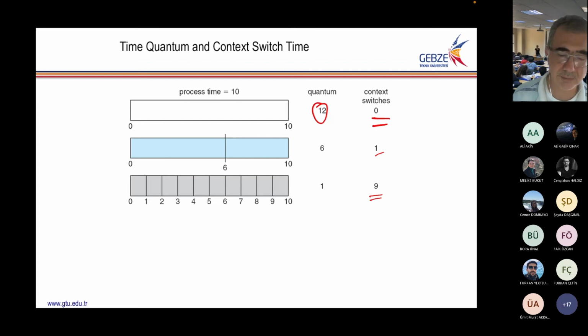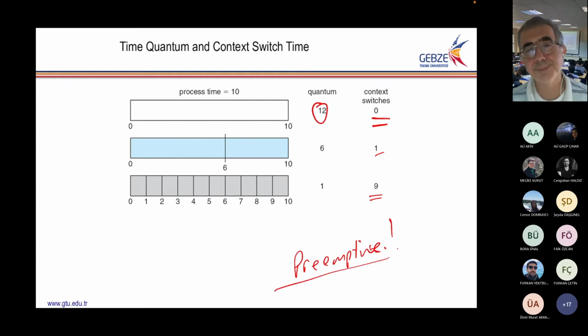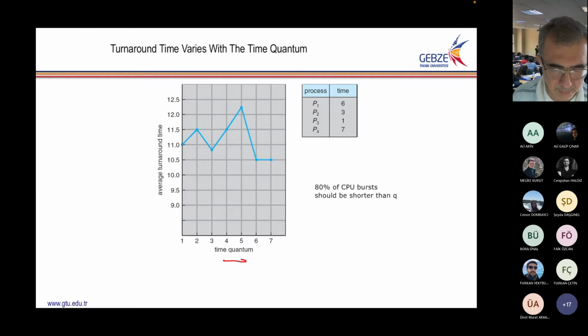So that is an interesting fact of round robin scheduling with preemptive capability, preemption. Turnaround time changes with the quantum size. When you increase the time quantum, it doesn't always go up.